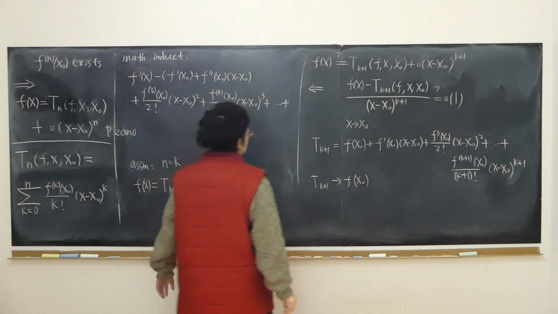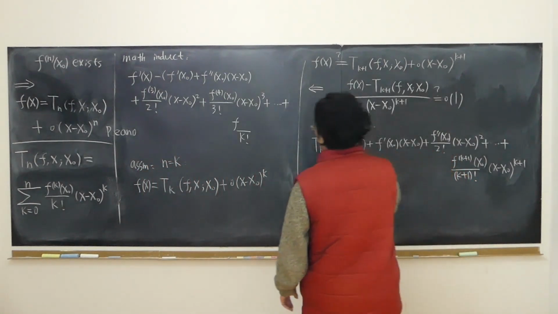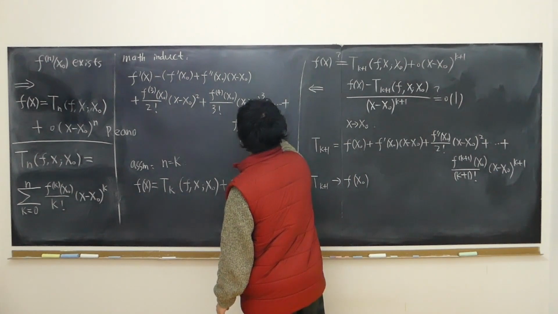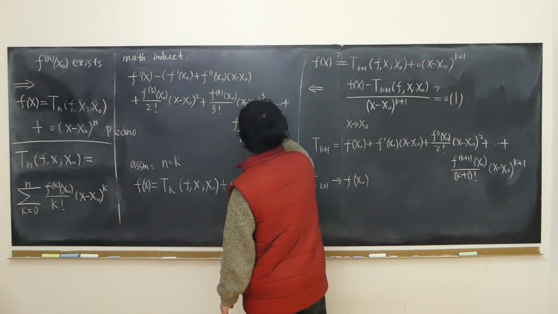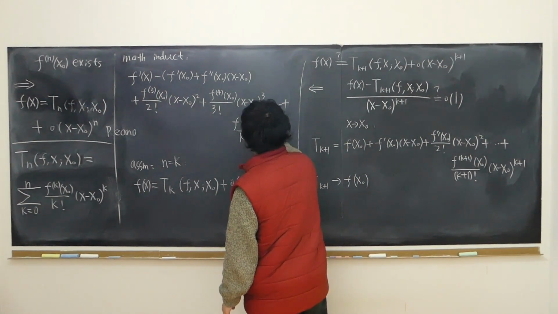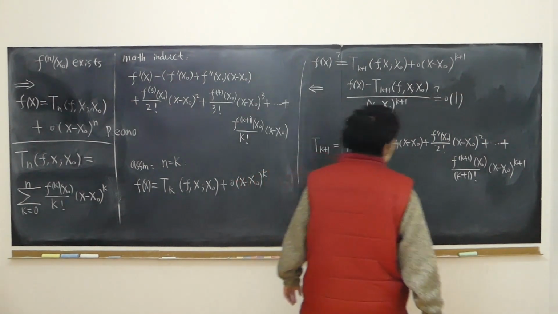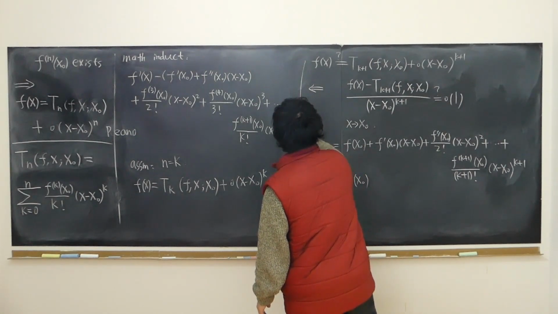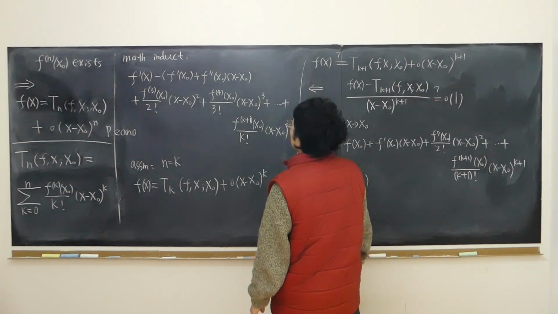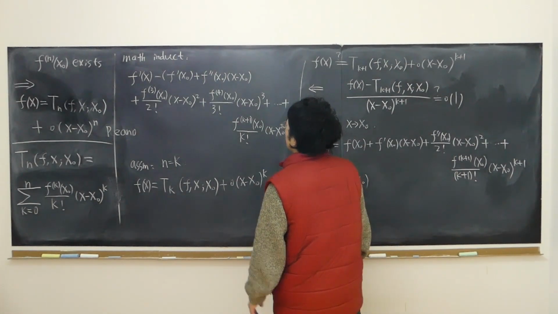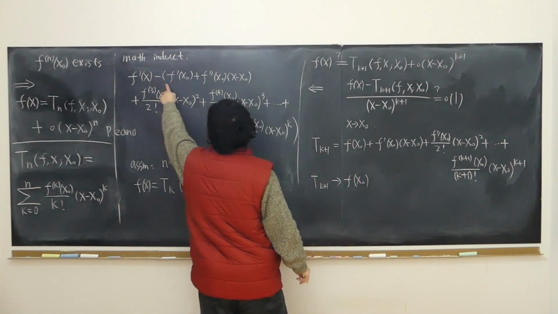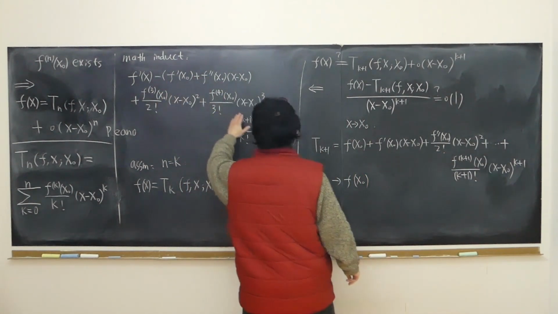f k plus 1th order derivative at x naught times (x minus x naught) to the power of k. Right? That's the top, right? So f minus bracket, this plus that, all of the bracket.